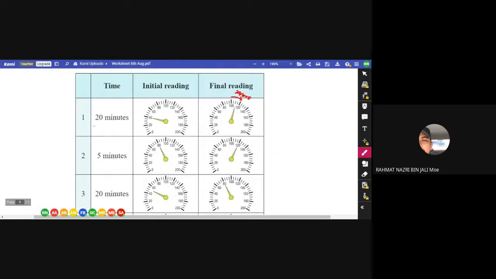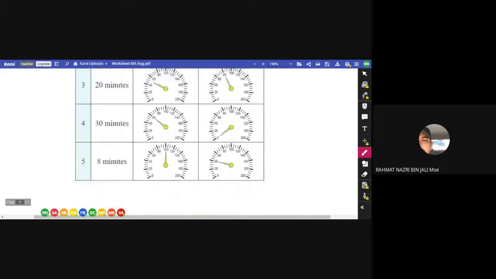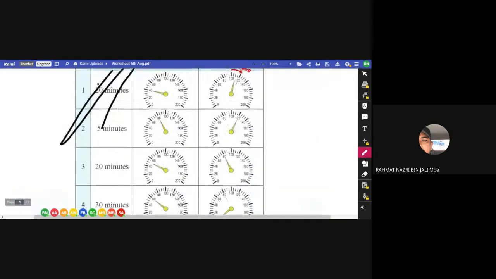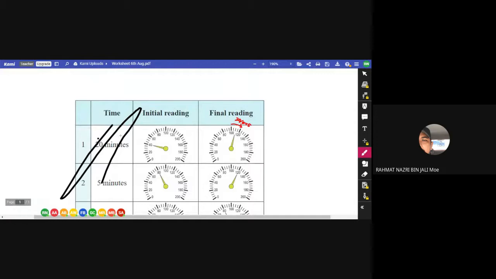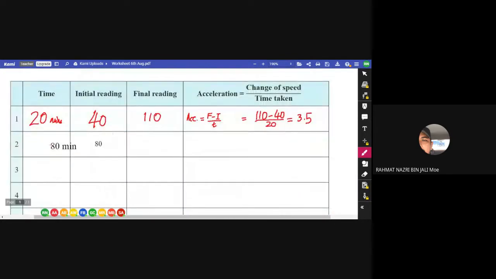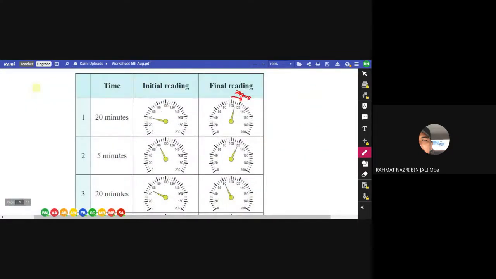The second one is 5 minutes. Not 80. Apa yang contoh ini, please clear, undo your action. Sorry, not 80 minutes. 5 minutes. The second one is the time is 5 minutes.